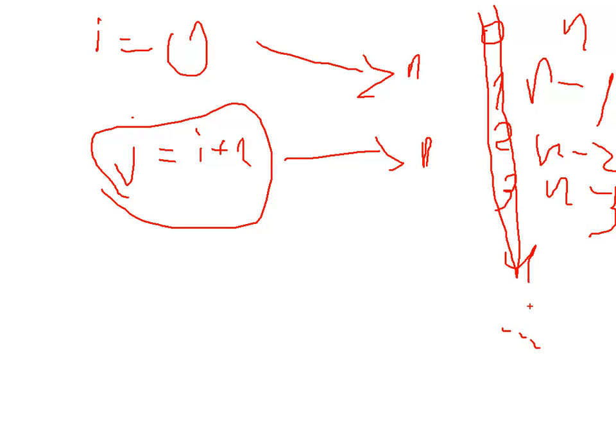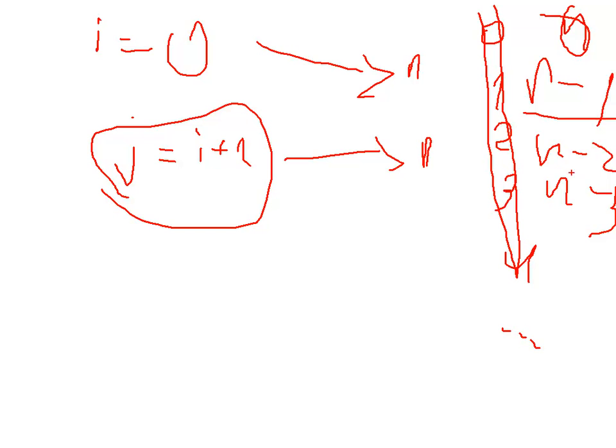Well, you do 1 plus 100, divided by 2, which is 50.5, multiplied by the number of elements, which are 100, from 1 to 100. That's 5,050, right?